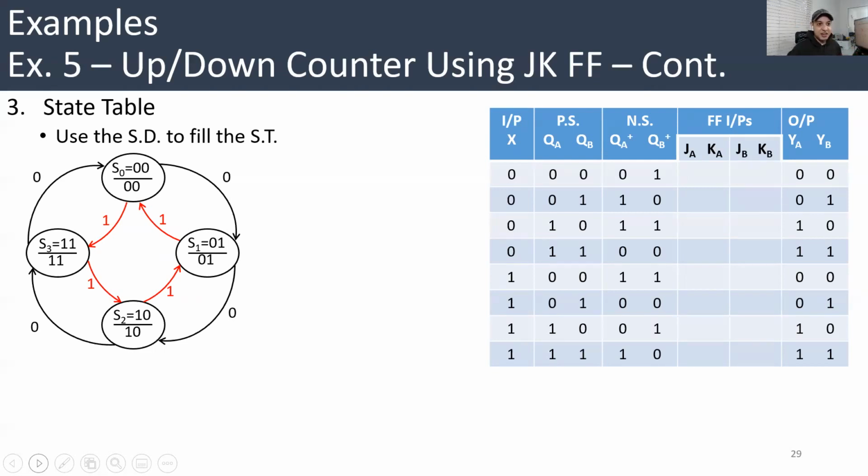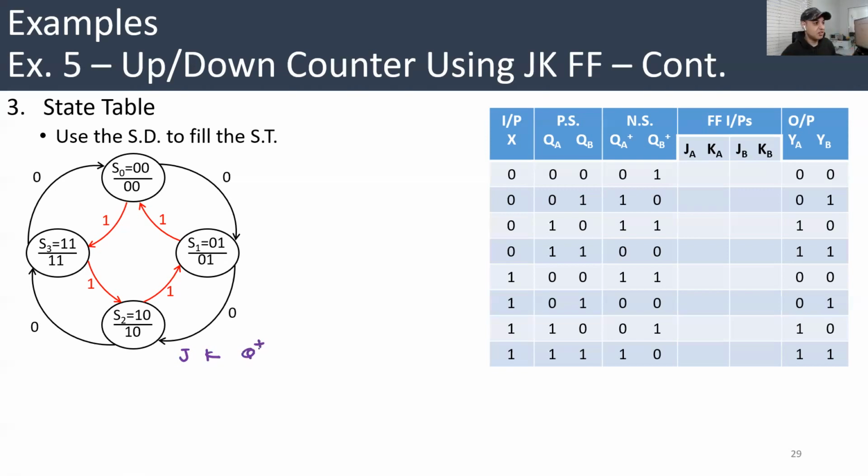And here is the trick, because it's not as simple as D or even T. We must refresh our memory with the characteristic table, or the state table, of the JK flip-flop. In the JK flip-flop, you have 2 inputs, J and K. Based on those 2 inputs, we determine Q of t plus 1, or Q plus.